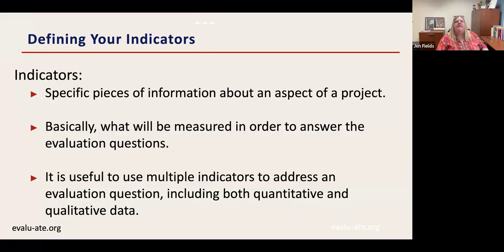And then some questions about behavior. So, the first question on perceptions: are they more interested? Do they indicate that they're more likely to do a certain thing? And then the fourth indicator was how many did do dual enrollment, for whatever the purposes of this project were. So you have a few different indicators. Some are quantitative, some are qualitative, but it's you thinking about, what are those pieces of evidence that I can collect about this project that will help me demonstrate I'm reaching these outcomes that I have said I want to reach. Next slide.